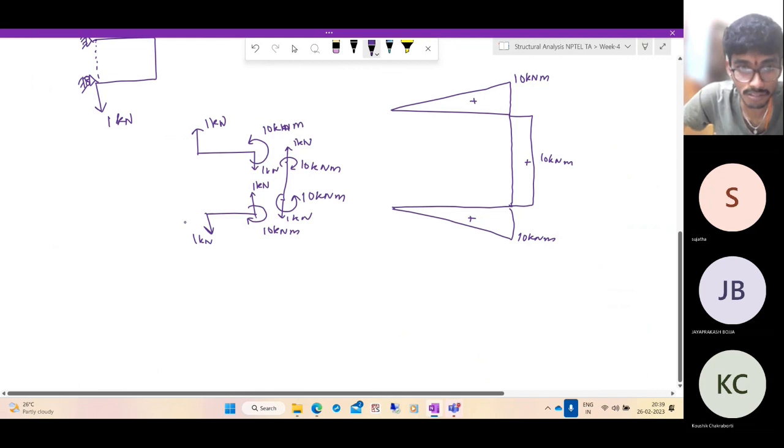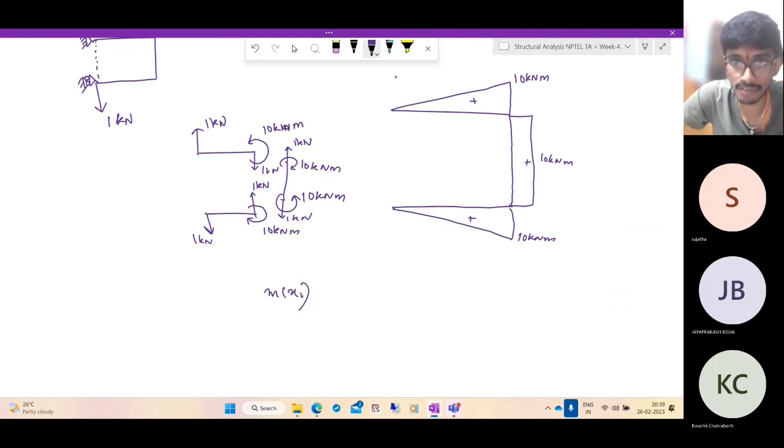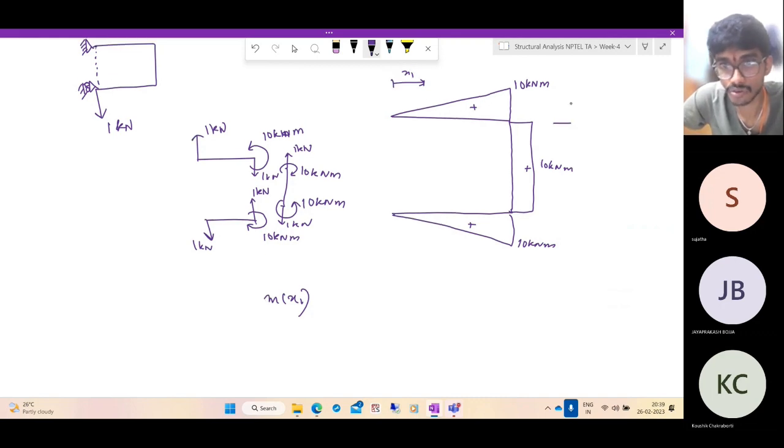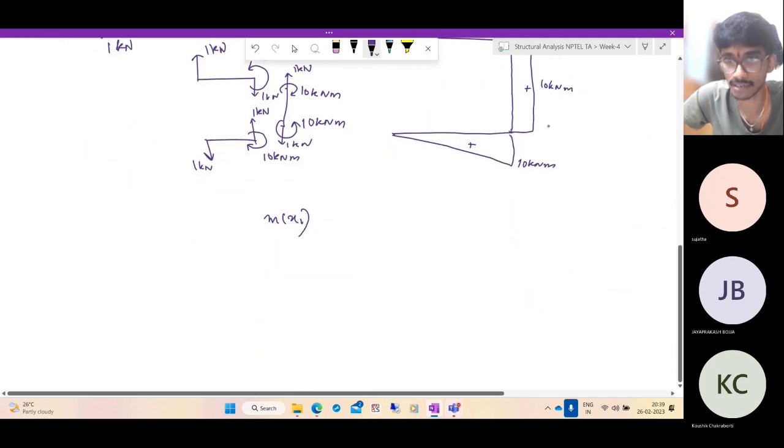And what are the virtual forces? Virtual bending moments are m of x1. So I'm taking x1 from here. X2, where did I take? X2 I'm taking from bottom, right? So X2 I'm taking from here.